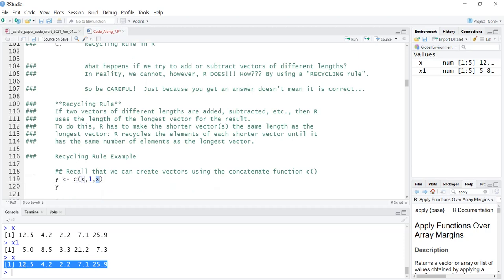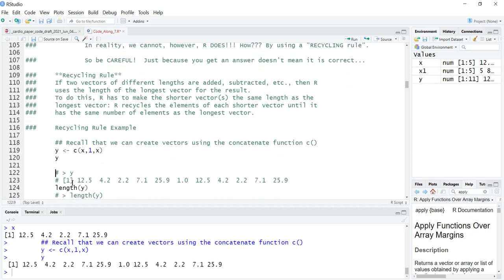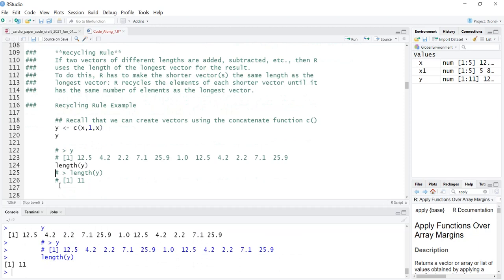Okay, so let's make y here, and when I run that, the length of y is 11 because x had 5. Then there's one number here, so that's 6 plus 5. So 6 plus 5 is 11. So here are the 11 numbers.